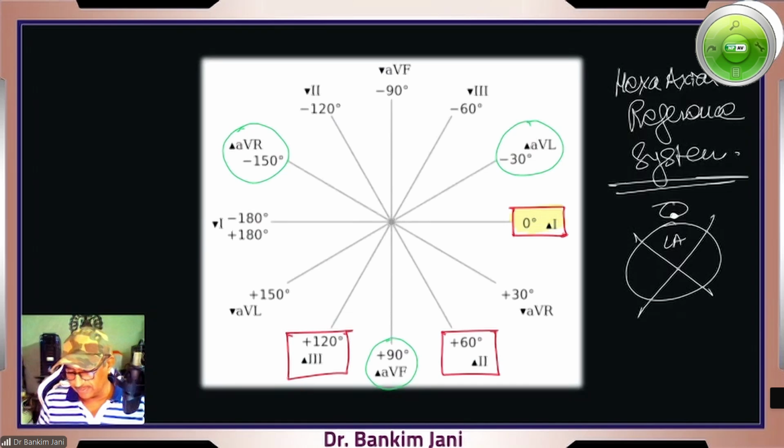So here it is. This one is 1, this is 2, and this one is 3. That's AVR, AVL, and AVF.